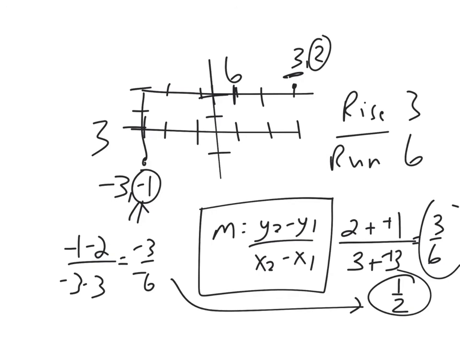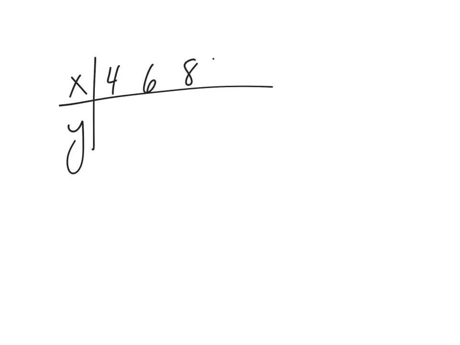Okay? The other thing you might run into is they're going to ask you if something's linear, and to do that, let's say 4, 6, 8, 10, and 8, 4, 0, -4. What you're looking for is a constant rate of change.